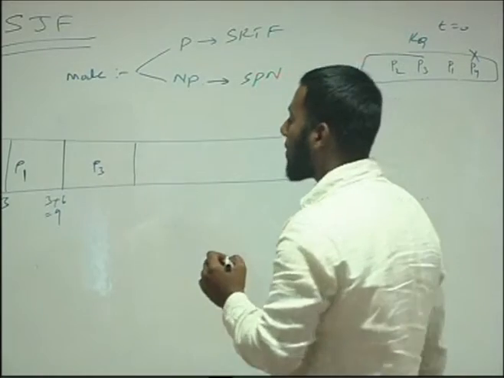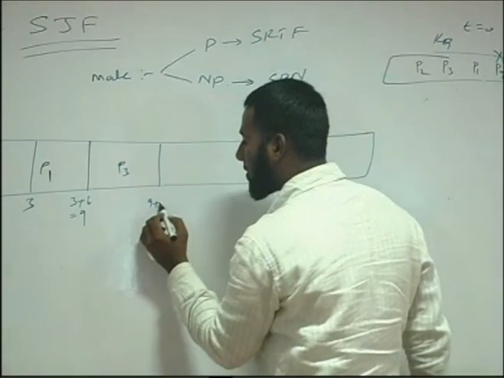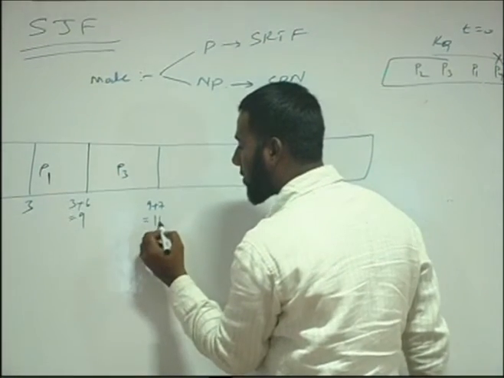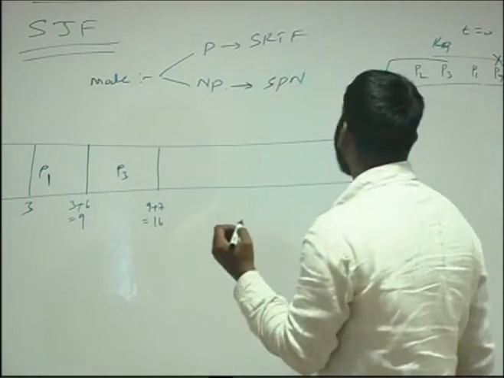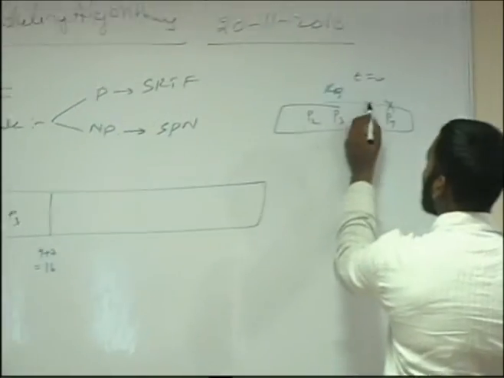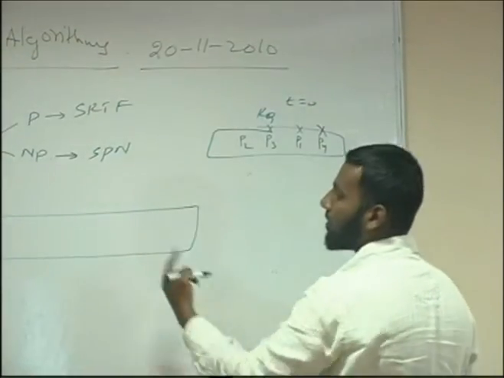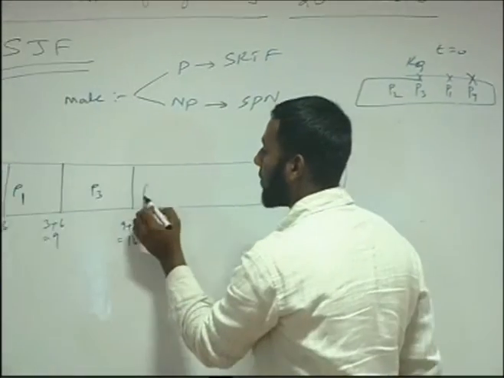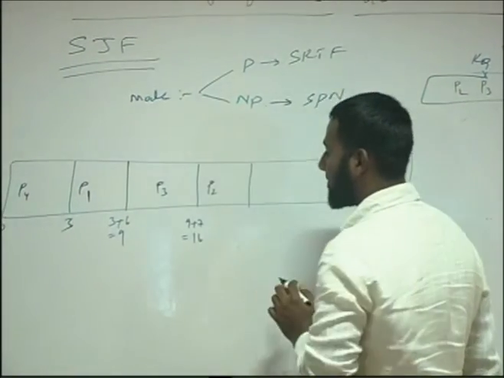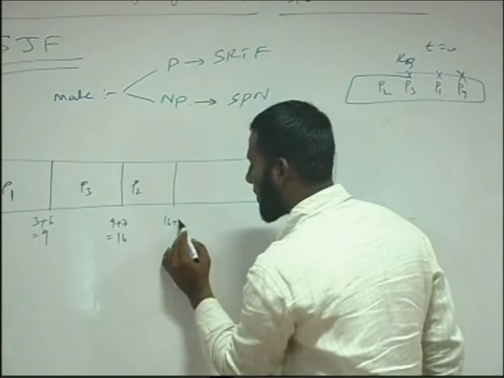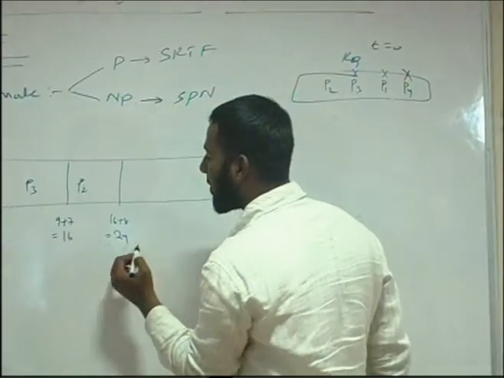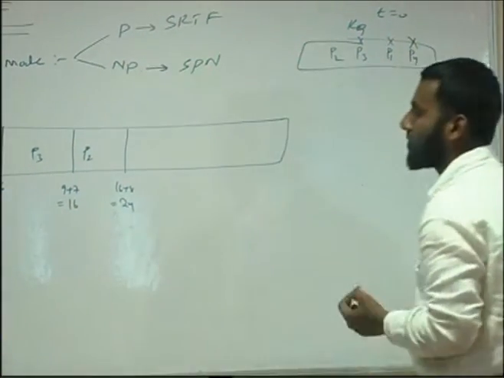Process P3 runs for 7 units of time, so 9 plus 7 is 16 units of time. We have completed process P1 and process P3, then the last process is process P2, which runs for 8 units of time. So 16 plus 8 is 24 units of time.